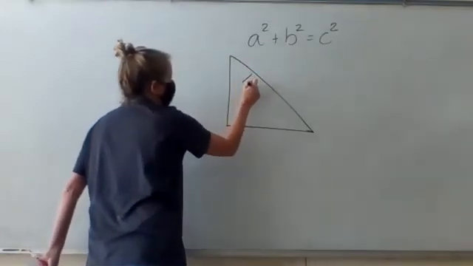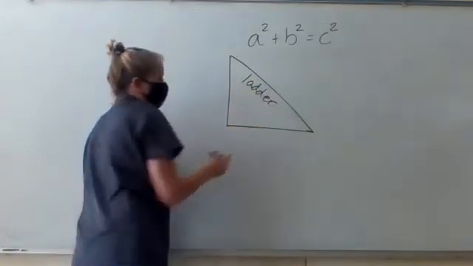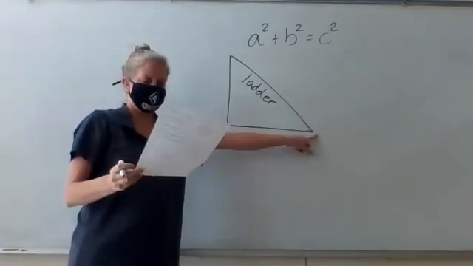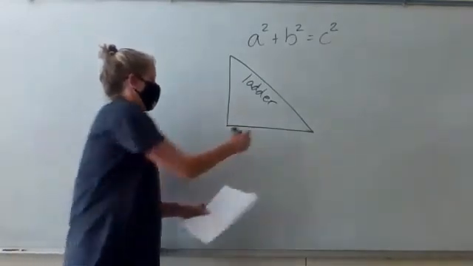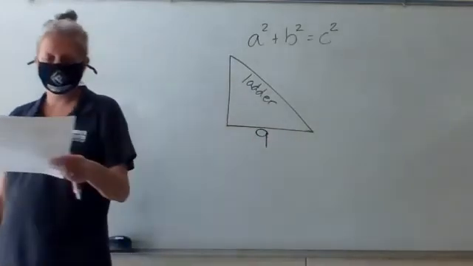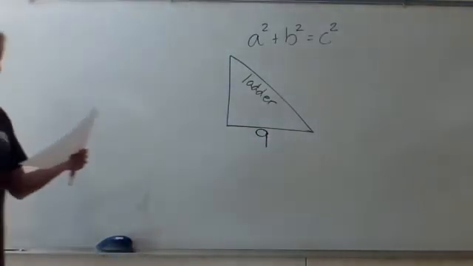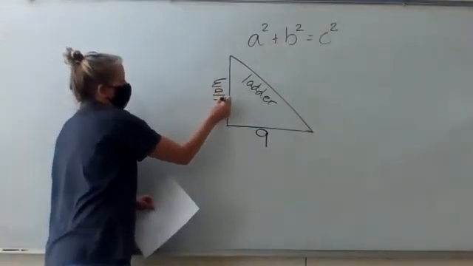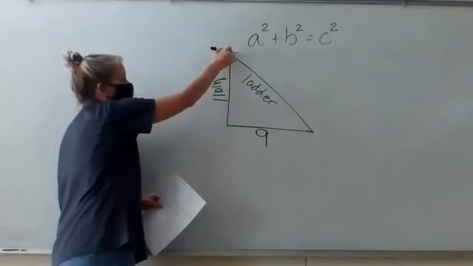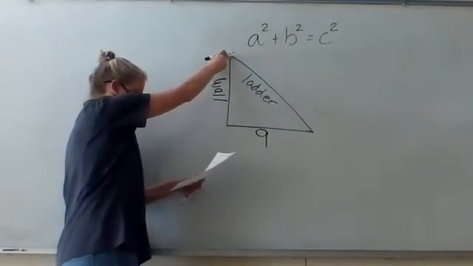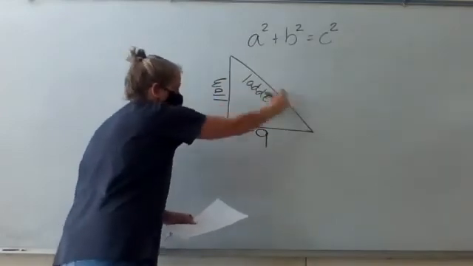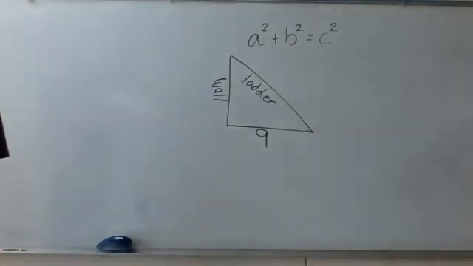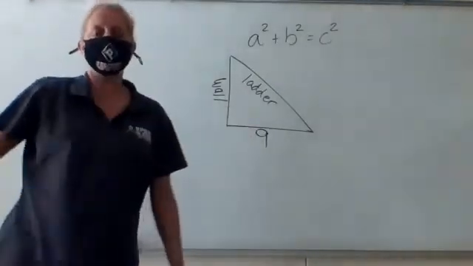There's my ladder, lean it up against the wall. The foot of the ladder, which is the bottom of it, is 9 feet from the wall. So I know that this side is 9 feet. The height that the ladder reaches on the wall, here's my wall, and the length of the ladder, are consecutive integers, which means one comes right after the other.